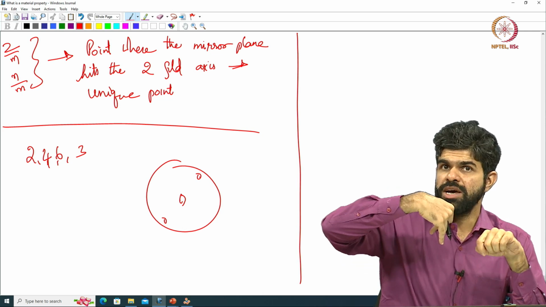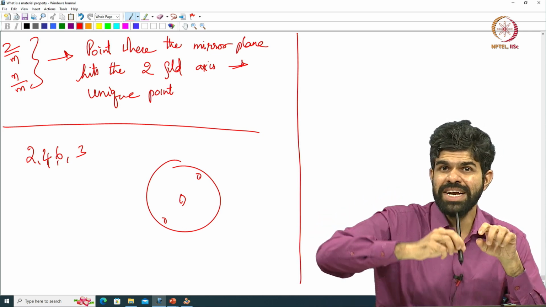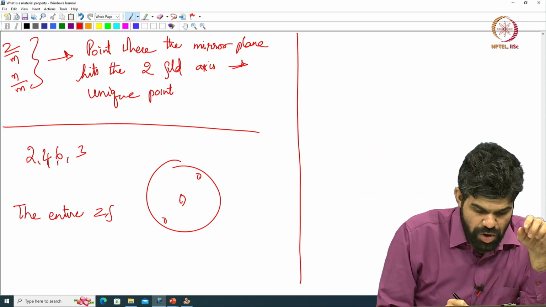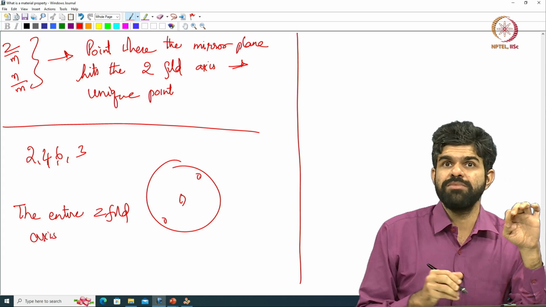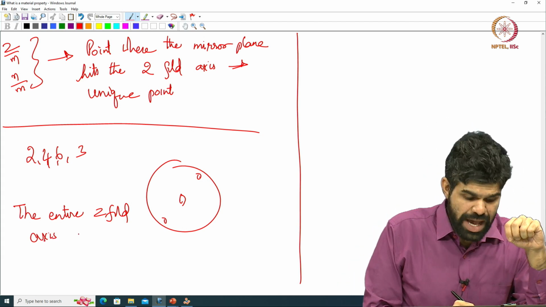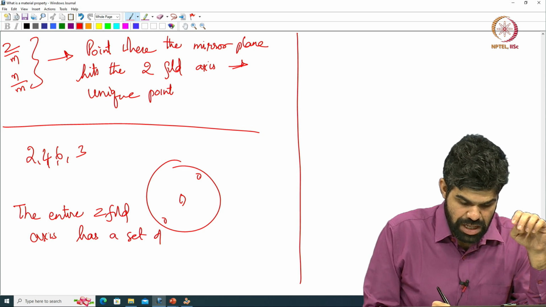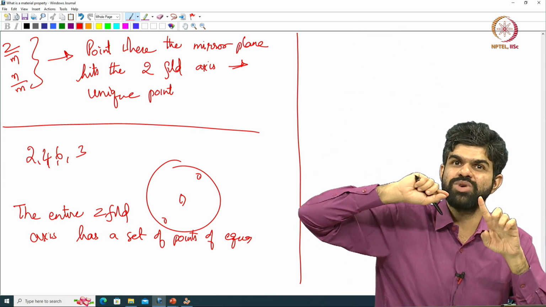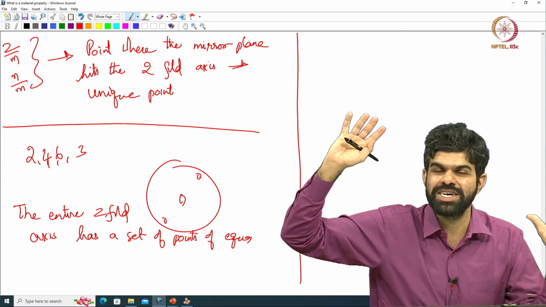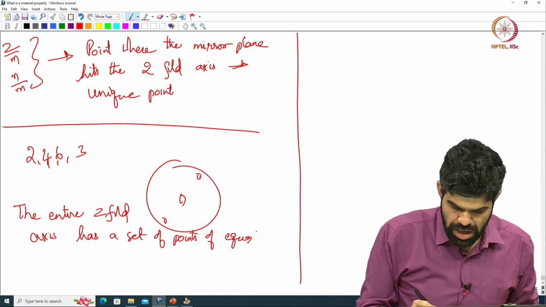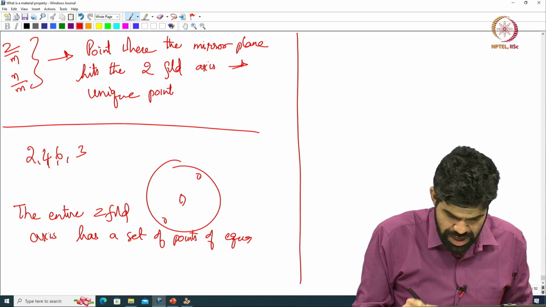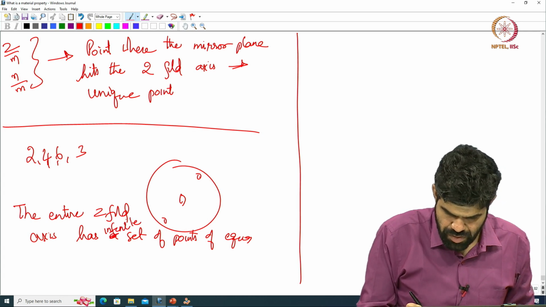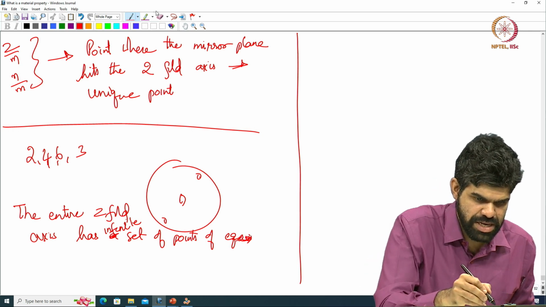This is not the entire axis here. The entire two-fold axis, if I am not cutting it with a mirror or anything else, has an infinite set of points of equivalent symmetry.